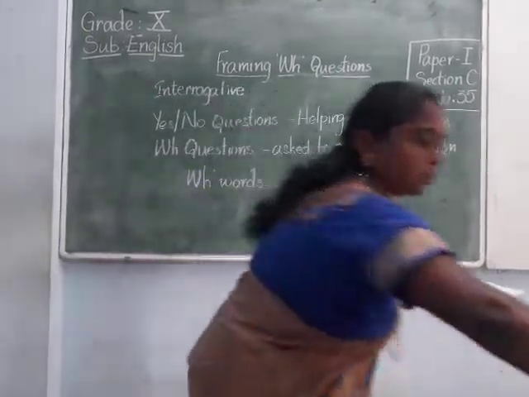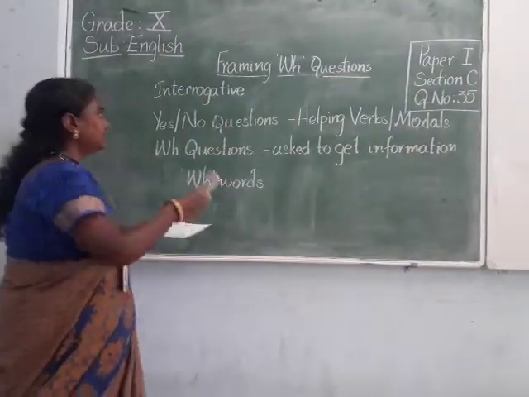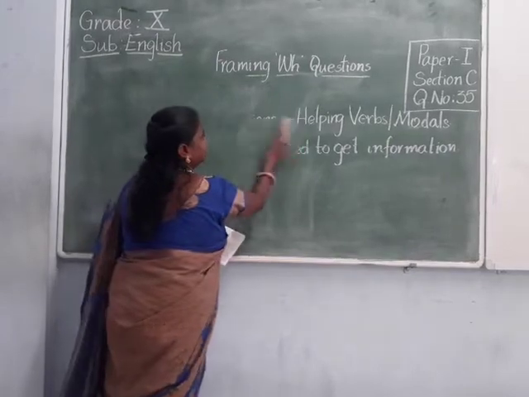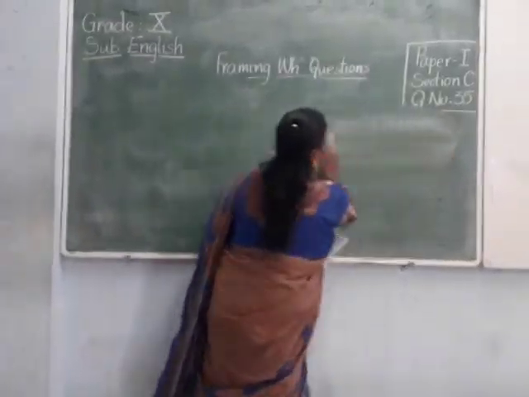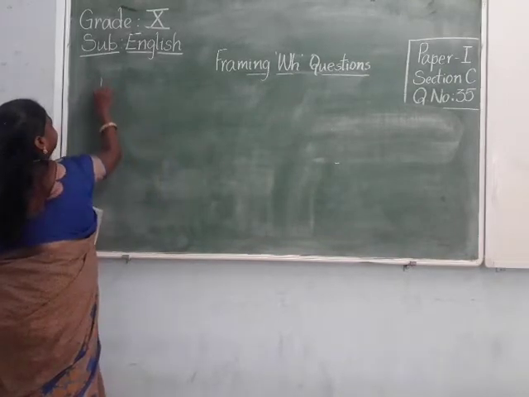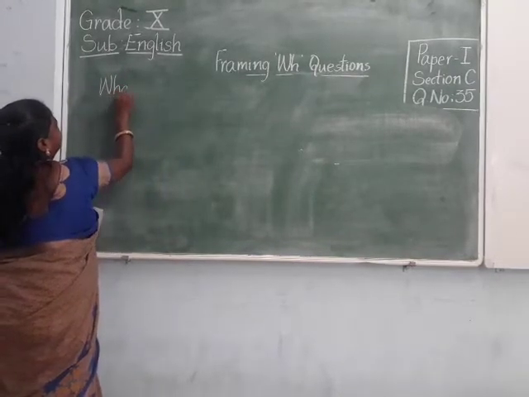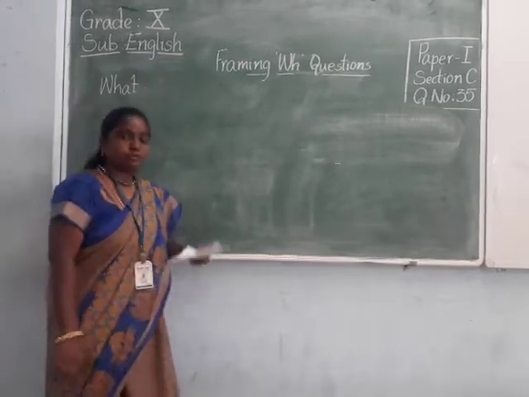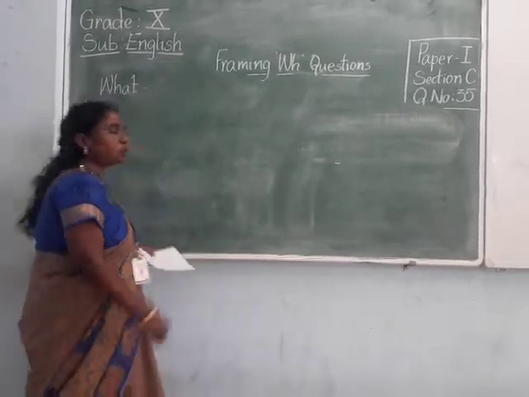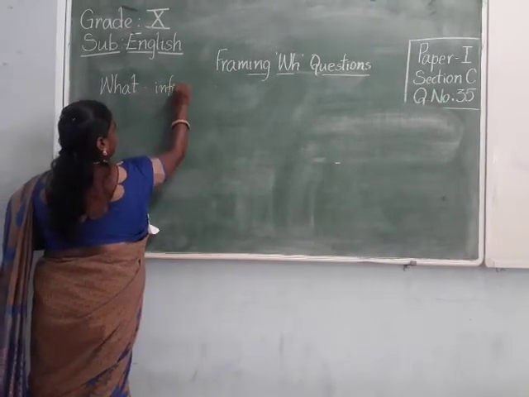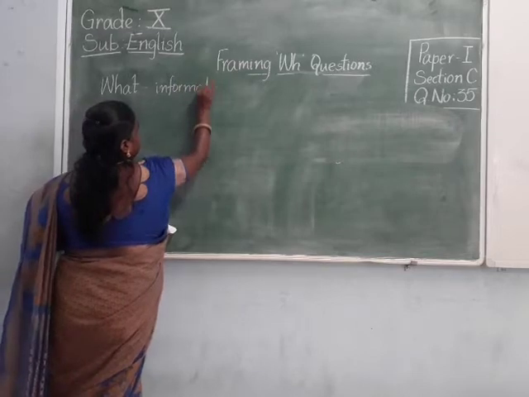First one is what. All these words start with WH. What is used to get information about something.